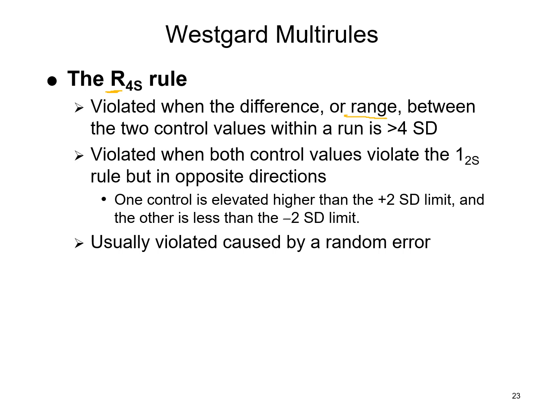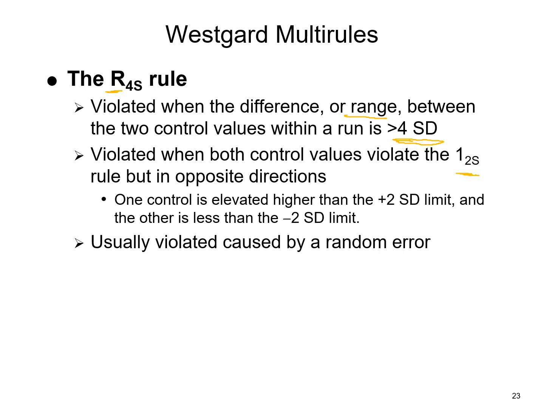You ran your normal and abnormal at the same time frame, so maybe your morning run, and you have a difference between those two of 4 standard deviations. So when both control values violate the 1-2S rule, but in opposite directions, then that's going to create that gap that you need for that R4S, that range of 4 standard deviations, to be violated.